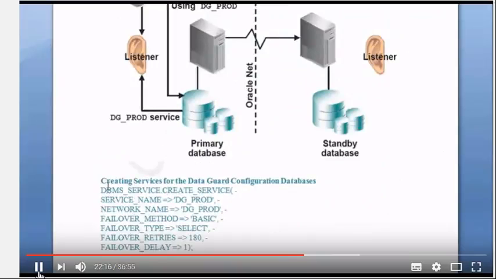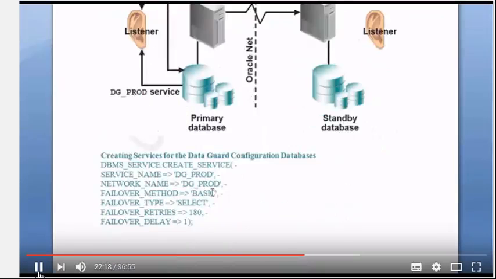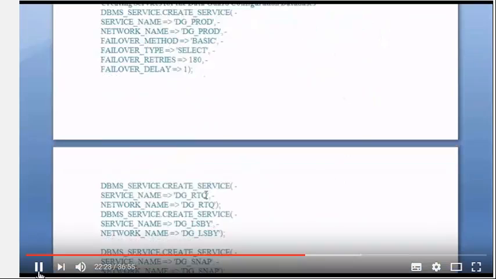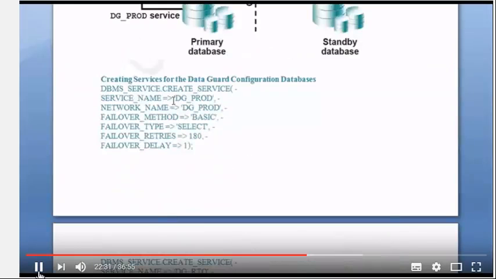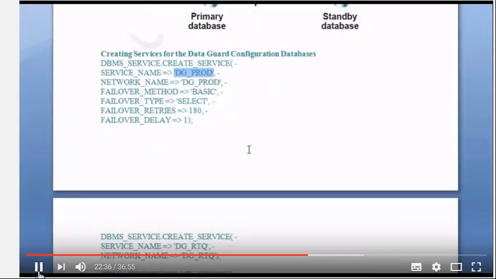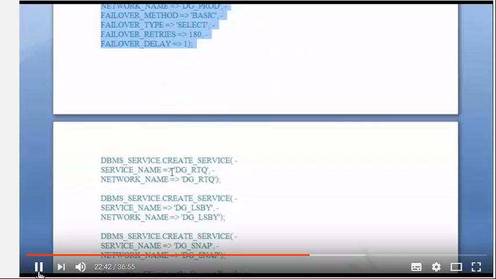So how do we create a service in the DataGuard environment? Just try to run these things. There are different ways of creating a service. As I am giving you as an example, let me show you what these are, then you will understand. I'm using dg_prod as the service name for a normal physical standby database environment, and I'm using something else called dg_rtq for your real-time apply DataGuard environment.